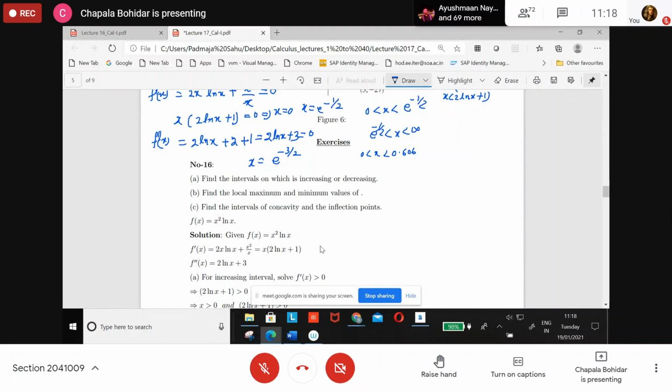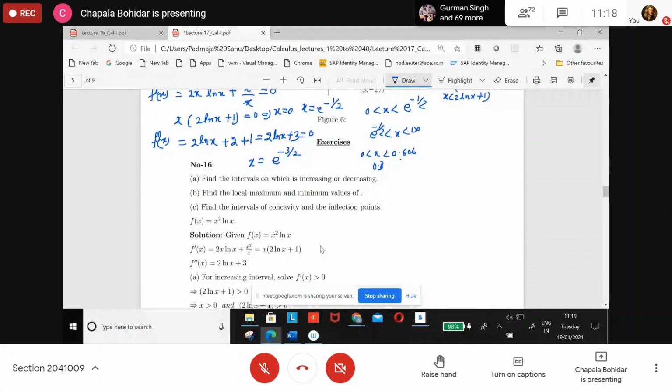So in between 0 to 0.606, consider any point. I am considering 0.3. Does it lie in between these two? I am considering the value of x as 0.3. It lies here or not? Yes, ma'am.